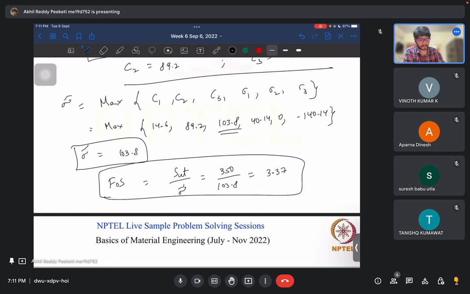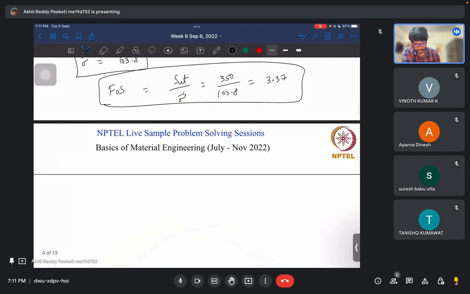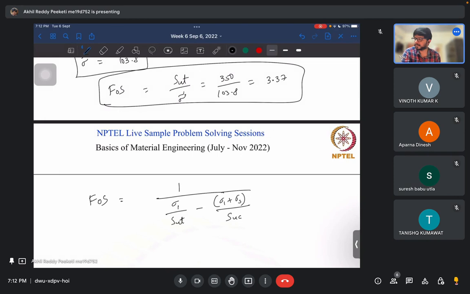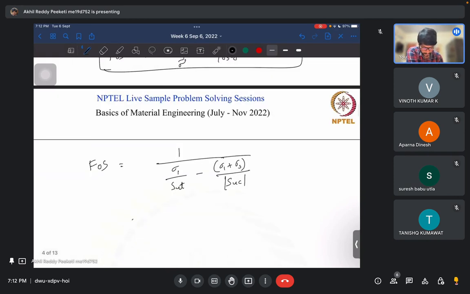Okay, there is something called the modified Mohr equation also. If we use that, the factor of safety you can write as sigma 1 by SUT minus (sigma 1 plus sigma 3) by SUC, all inverted.